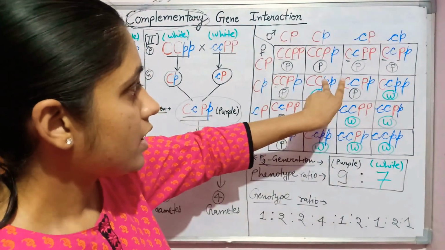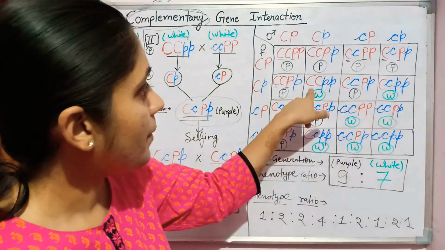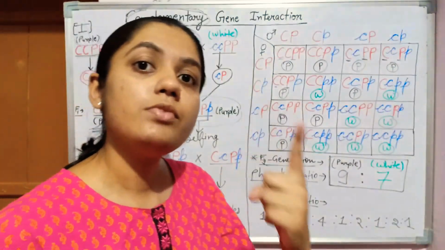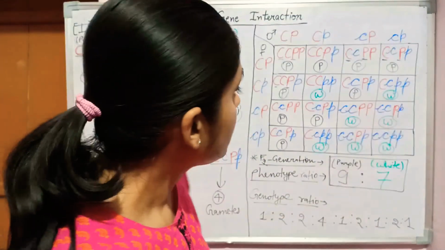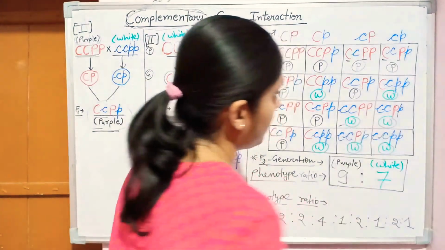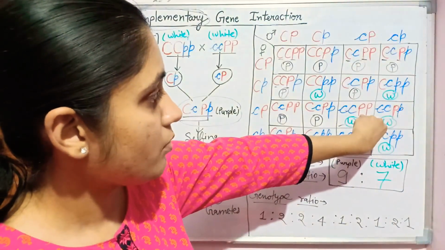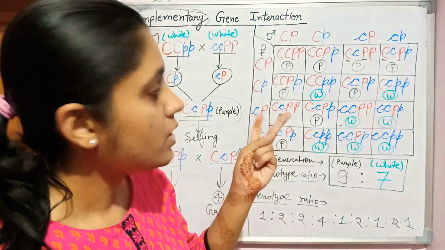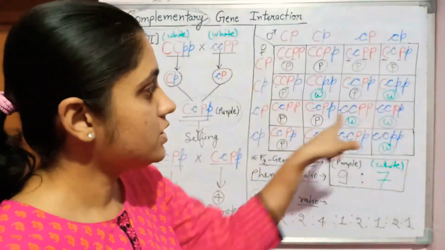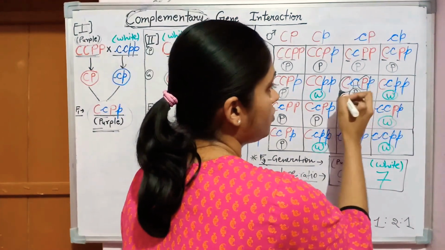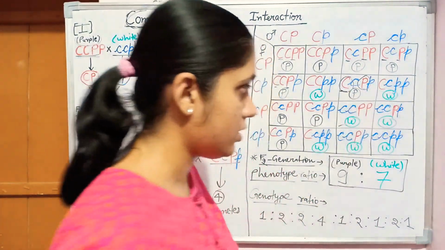Why? Because capital P is absent. Only capital C, two dominant alleles from only one gene, are present. And here it is also white, because these two dominant alleles are from only one gene, not from two genes. The capital C is absent in this case, but here two dominant alleles are present from two different genes, the capital C and capital P.